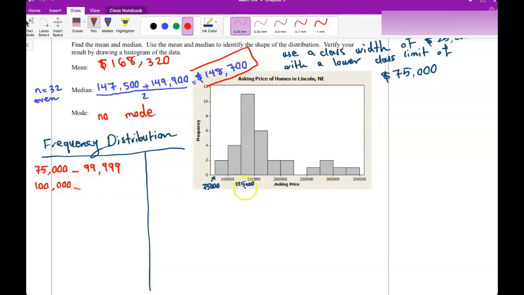So that one is, after this we have 125,000. Minus 1 is here, so 124,999.